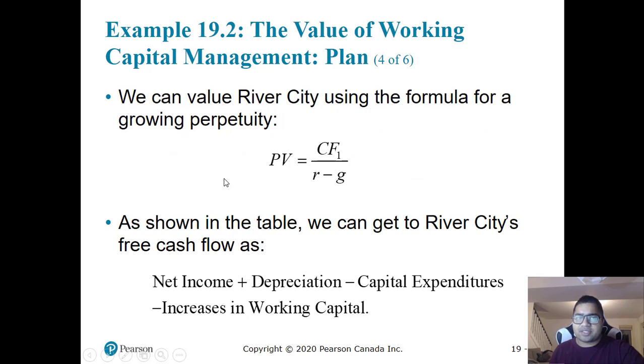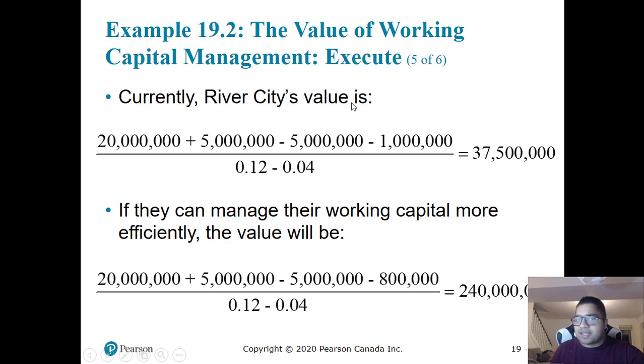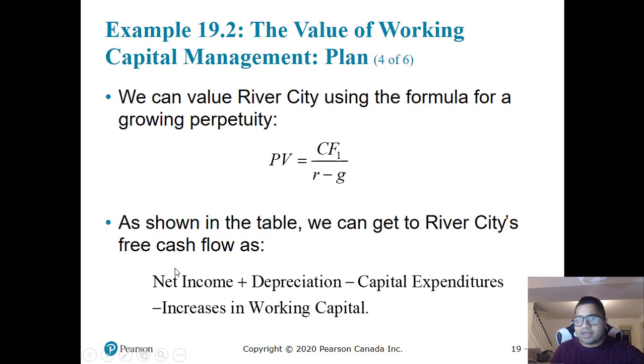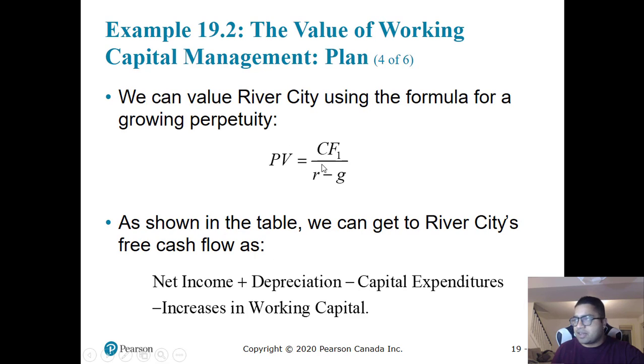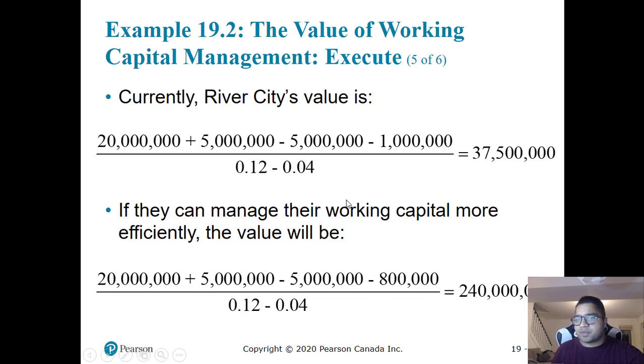So effectively what is happening? We know the present value of a firm is cash flow divided by R minus G. We can compute the cash flows: net income plus depreciation minus capital expenditure minus increase in working capital. In the first case, 20 million was net income, depreciation 5 million, capital expenditure 5 million, working capital 1 million, divided by R minus G, where R is 12% and the growth rate is 4%.